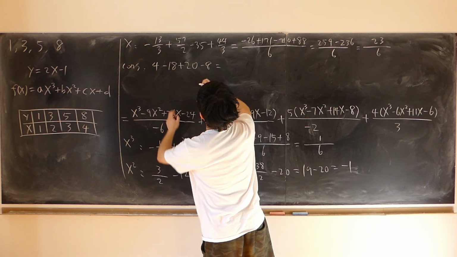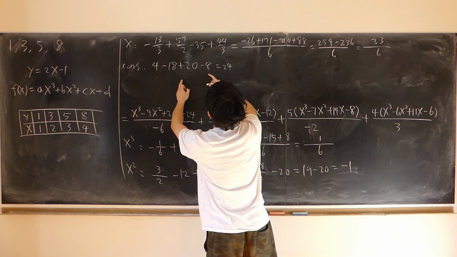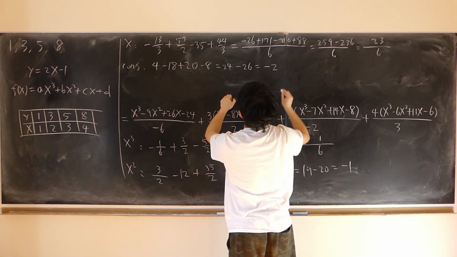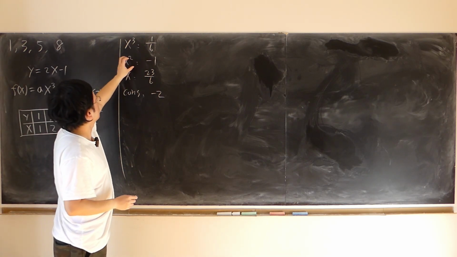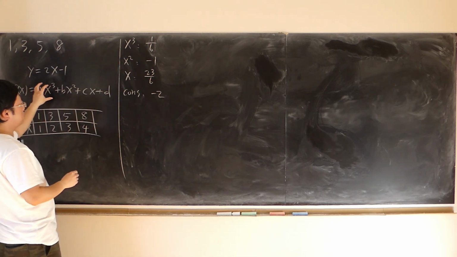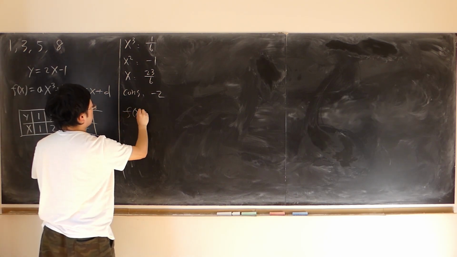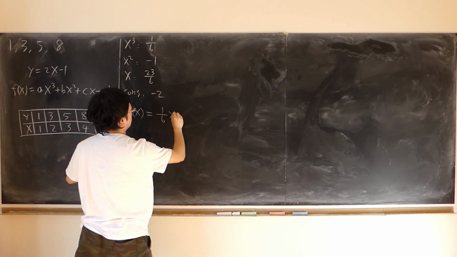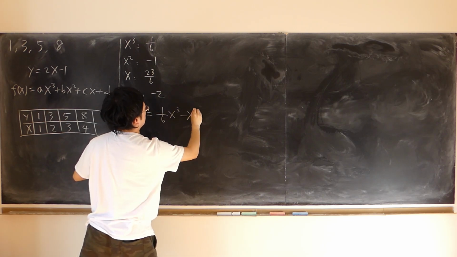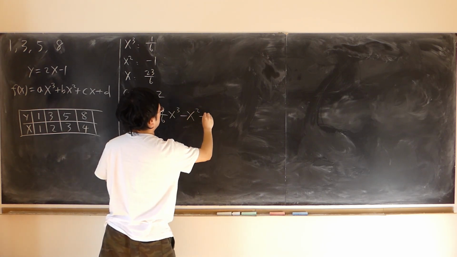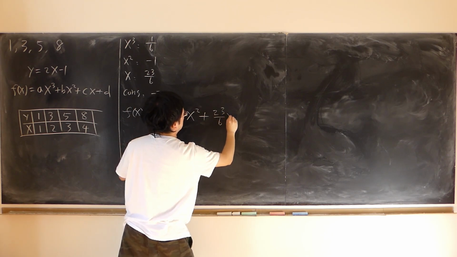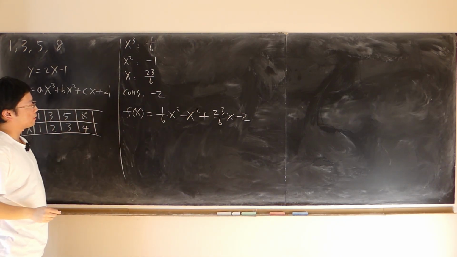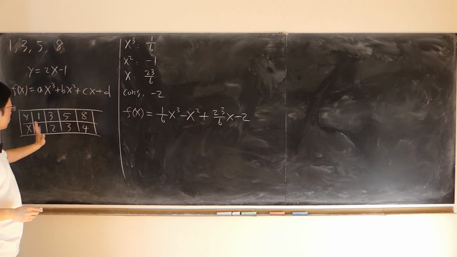That would be 24 minus 26, it's negative 2. So far we reached the coefficients of all the terms. So use the standard form, the cubic equation is 1 over 6 x cubed minus x squared plus 23 over 6 x minus 2. And that's the cubic function that happens to go through those 4 points.